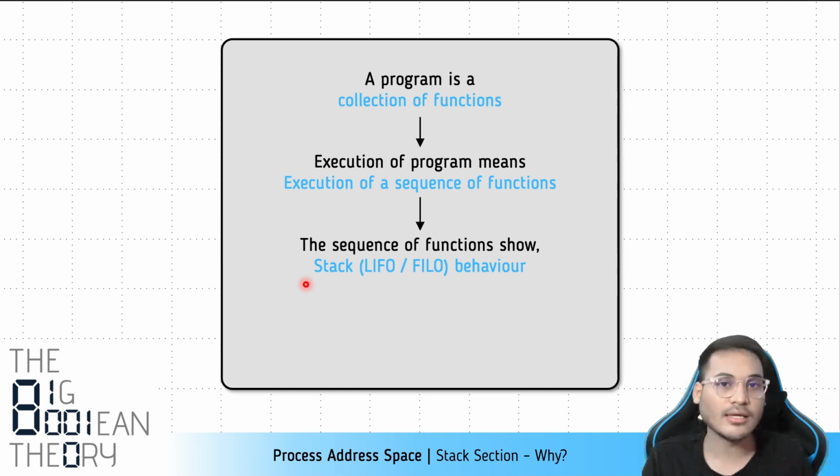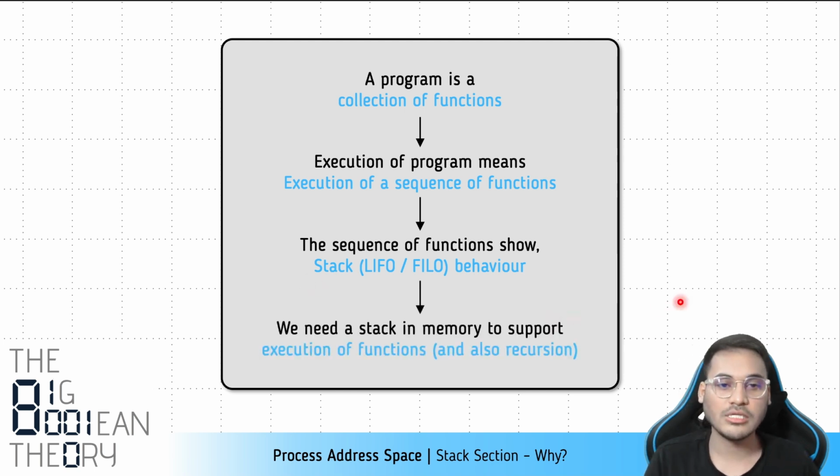Just like in the stack, the first object that is pushed will be popped last, and the object that has been pushed last will always be popped first. That is how the sequence of function calls displays behavior that is exactly the same as the stack.